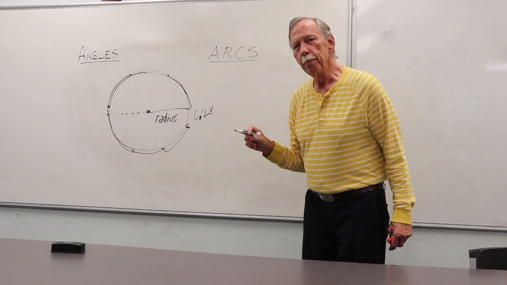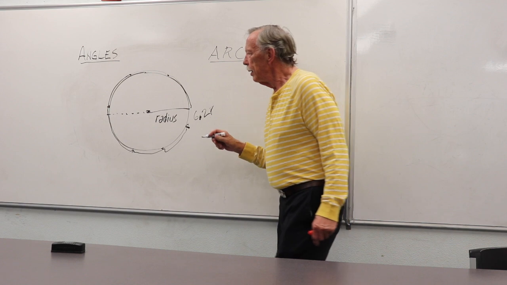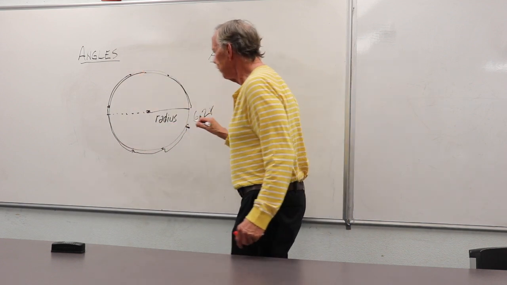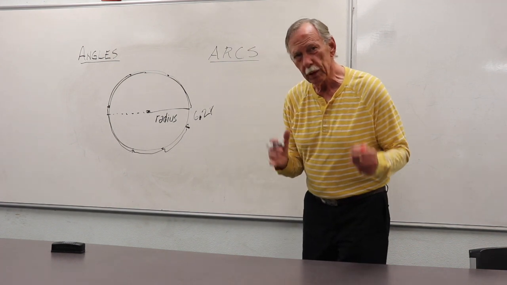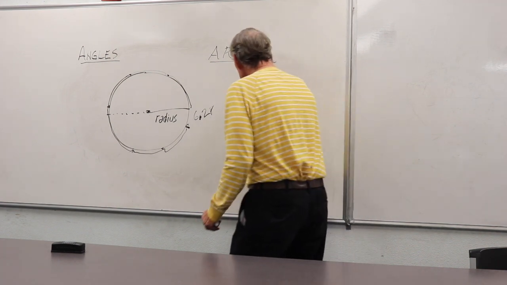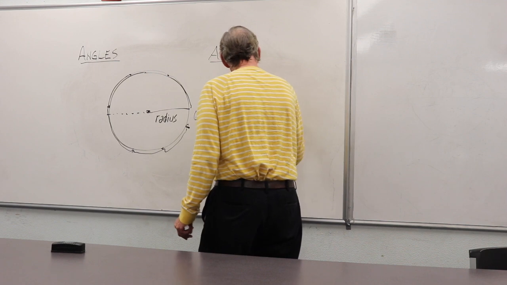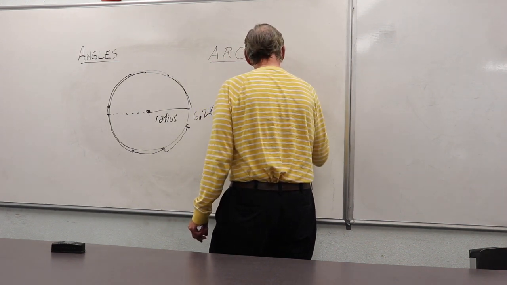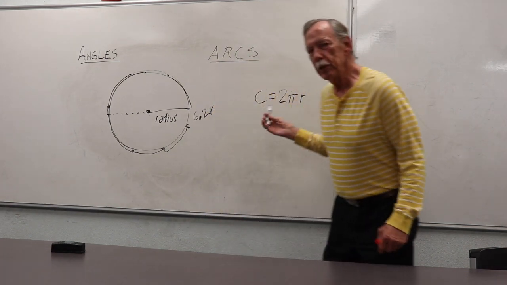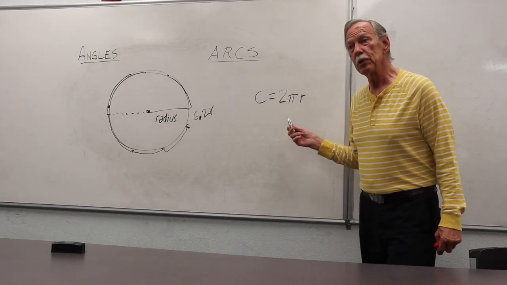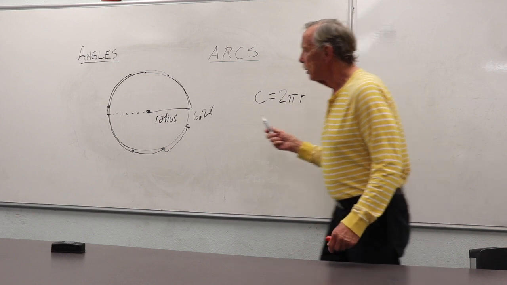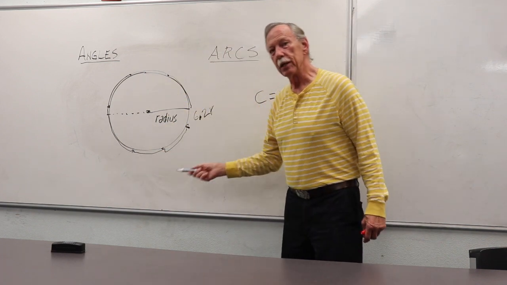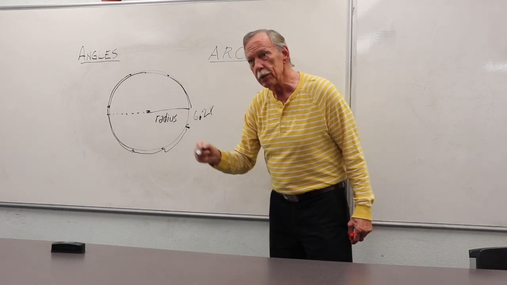That's 2 pi. So the distance around a circle, the circumference of the circle, is going to be 2 pi times the radius, because there are 2 pi radiuses to get us all the way around the circle.